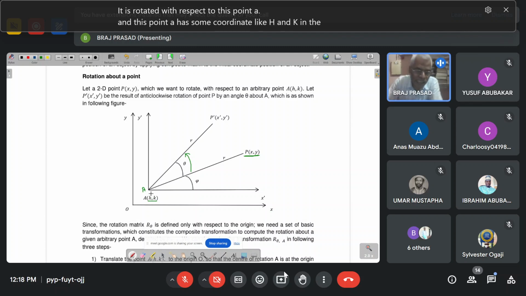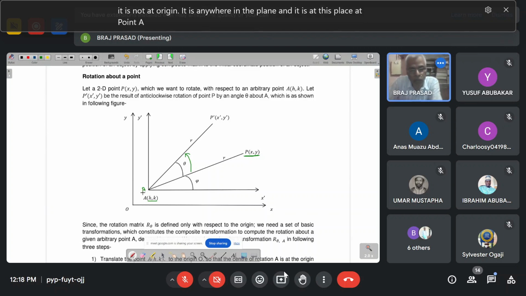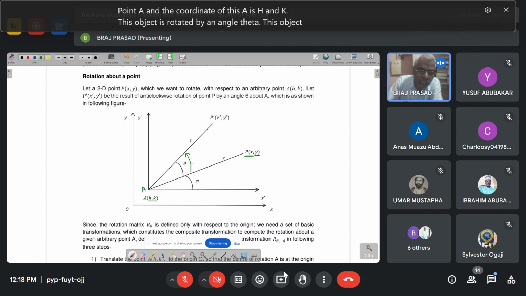In the previous case, this point is at the origin, but now it is not at the origin, it is anywhere in the plane, and it is at this place at point A, and the coordinate of this A is h and k, and this object is rotated by an angle theta with respect to this point from P to P dash.